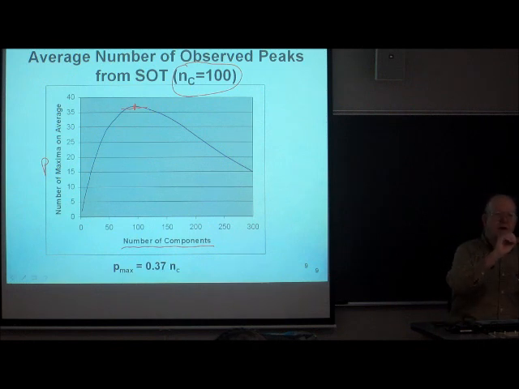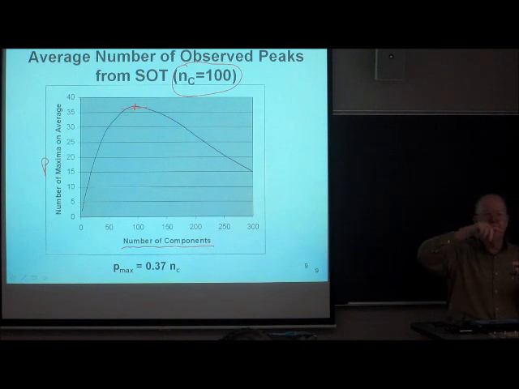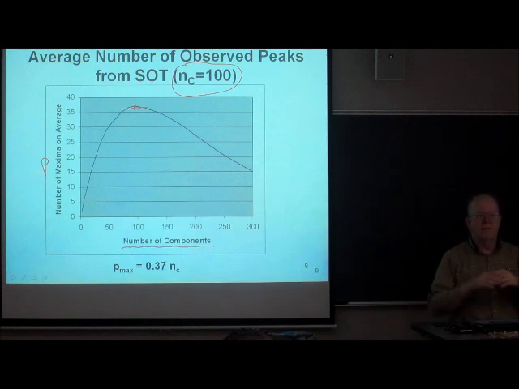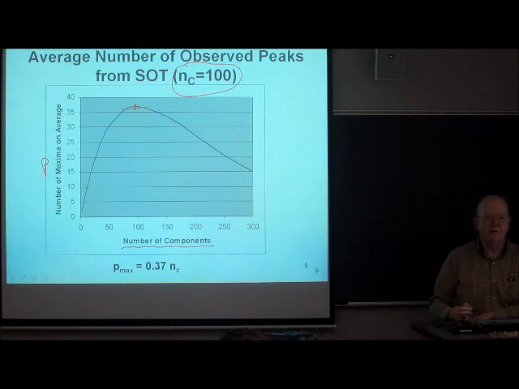But the more components you put in there, you're going to see more peaks until you have so many components that the chromatogram becomes so overcrowded that you start to decrease the number of peaks. So there's a trade-off. There'll be a maximum in the plot.